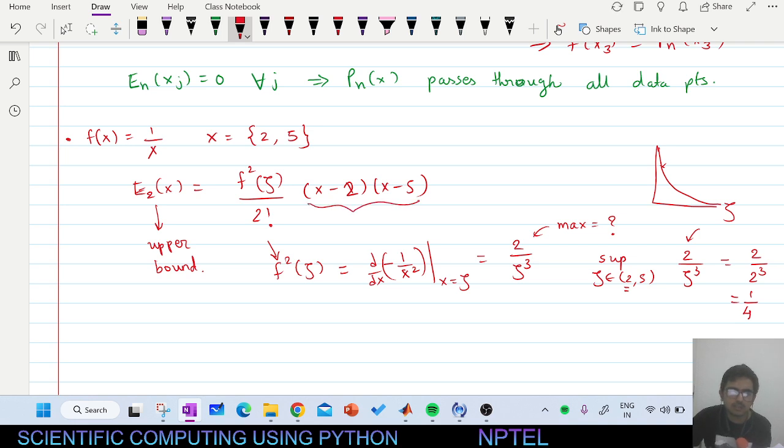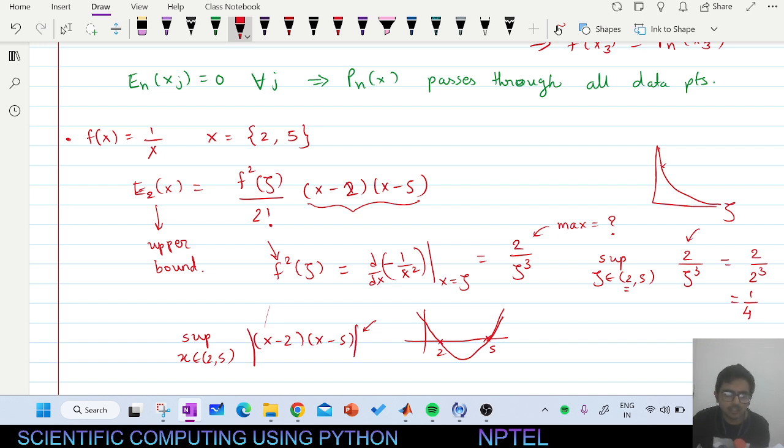Similarly, this can also be maximized. So we can write the supremum over x, where x is also between 2 and 5, since we are doing interpolation, of (x minus 2)(x minus 5). This we know is a parabola between 2 and 5, and we want to know the maximum value of the mod of this, how far we can be.